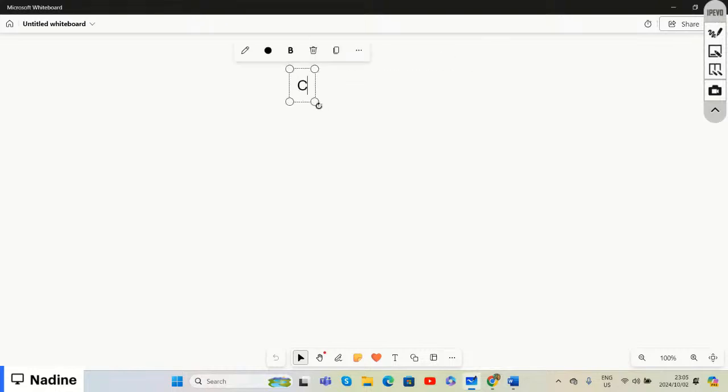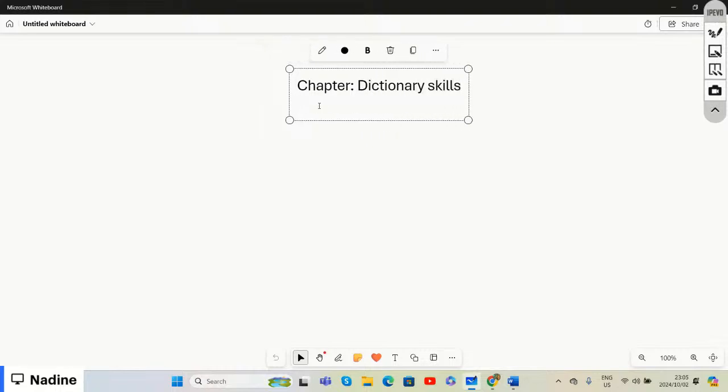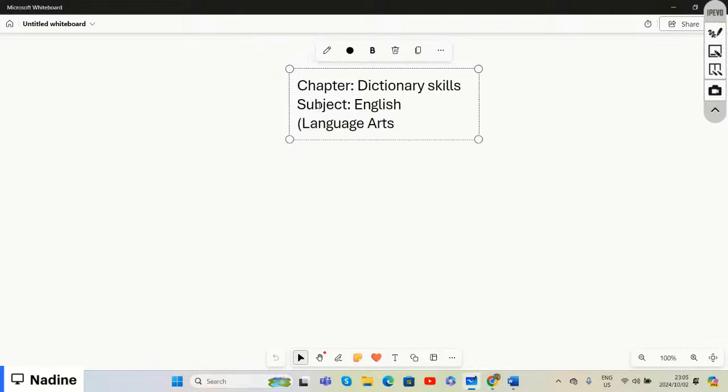We see that our chapter is dictionary skills, we are doing the subject of English language arts, and we're doing grade 3.